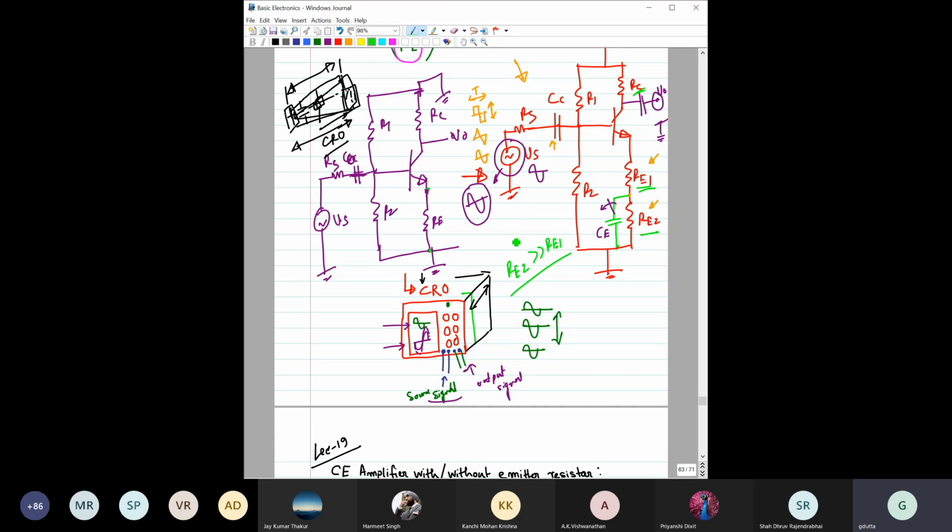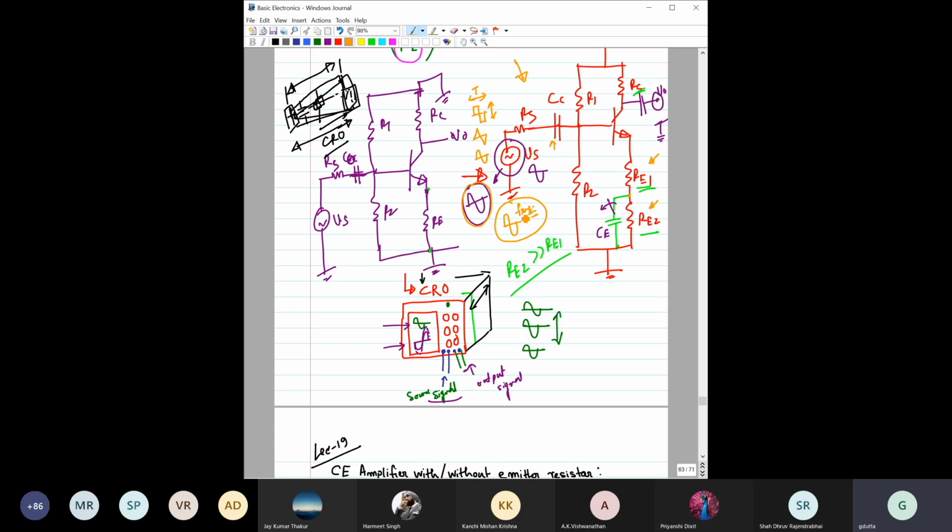And one more important thing we are going to discuss today. Now we have fixed the signal, right? Now what we are going to do is change the frequency of the signal. When you change the frequency of the signal, you will notice that the output gain is also dependent on the signal frequency.